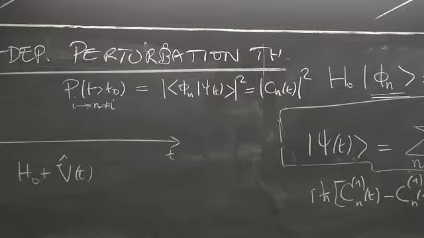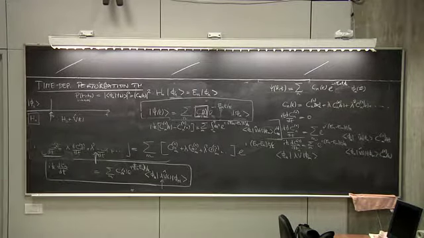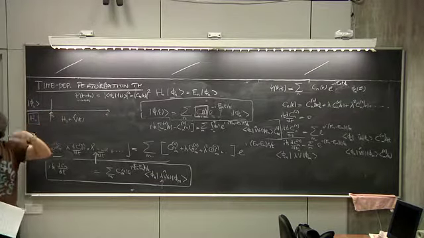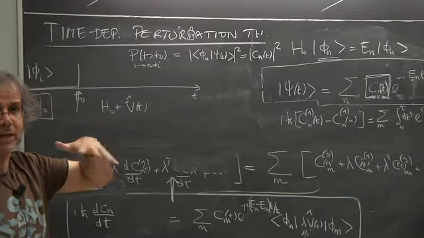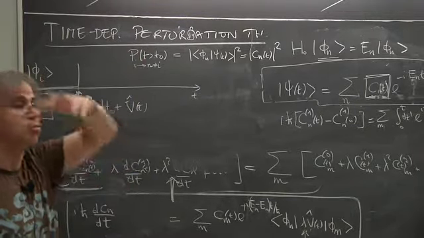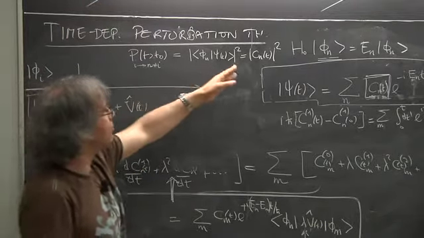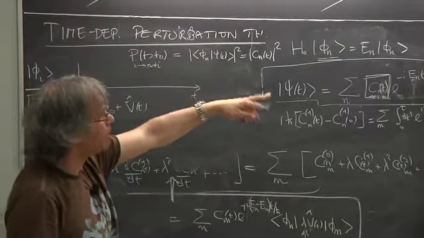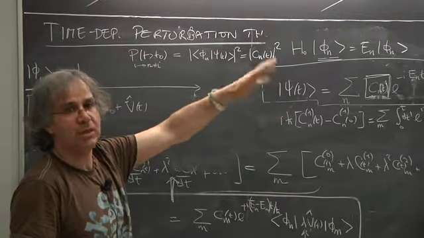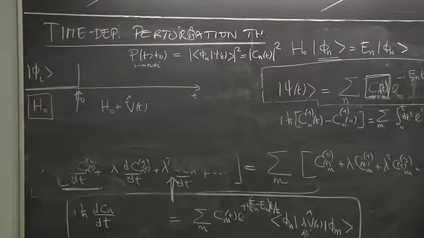I'm analyzing everything in terms of H0. So for instance, if this was a hydrogen atom, and I turn on some electric field or some potential, I could ask, what is the probability that I have excited the system to such and such level? The answer would be: calculate this appropriate Cn of t as a function of t and square it. So this is the physical meaning.